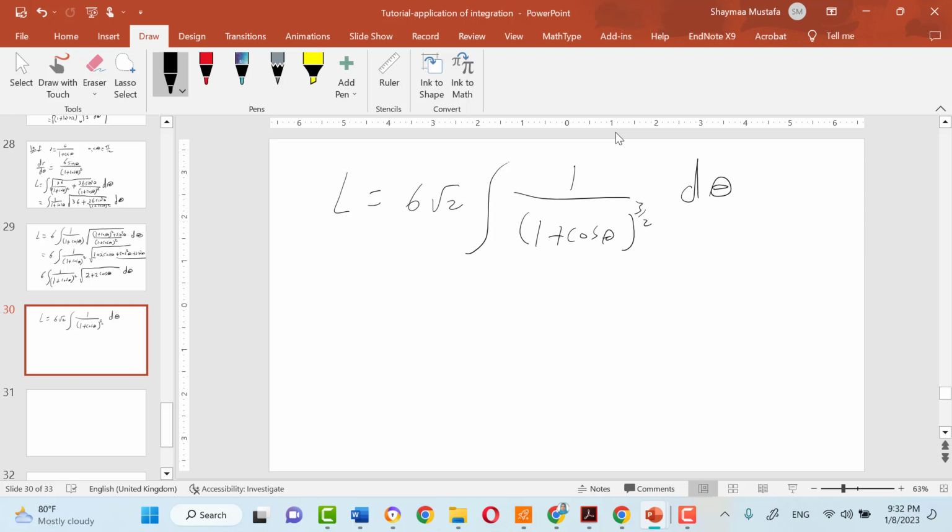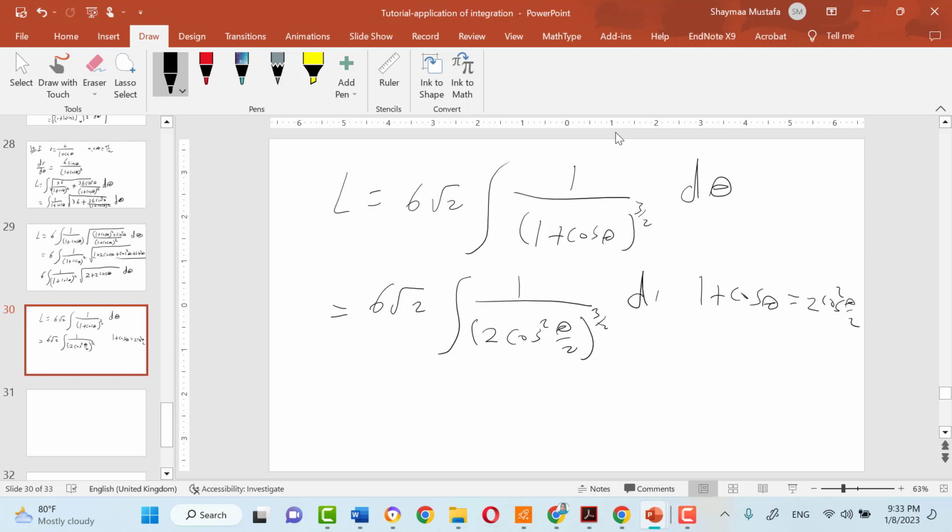Using the identity, 1 plus cosine theta will equal 2 cosine square theta over 2. So you will have 6 square root of 2 over 2 cosine square theta over 2 to the power 3 over 2 d theta.